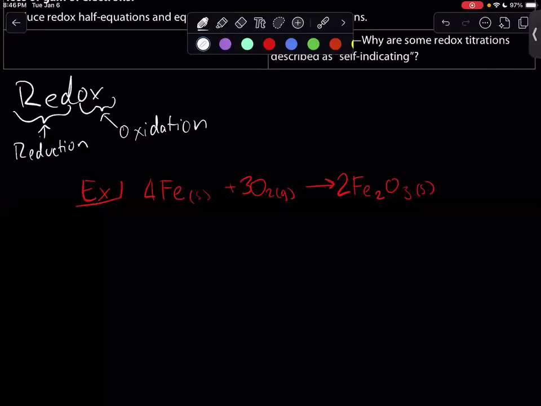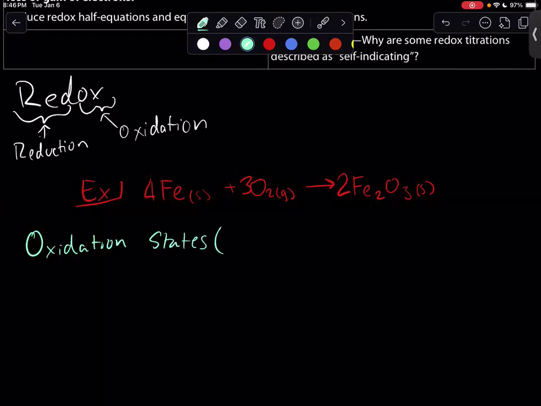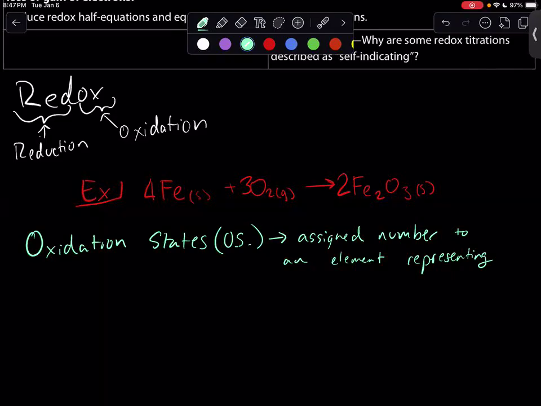As a quick reminder, back in lesson 62, we defined our oxidation states, which I'll start calling OS just to shorten things, as an assigned number to an element representing or showing the number of electrons lost or gained.